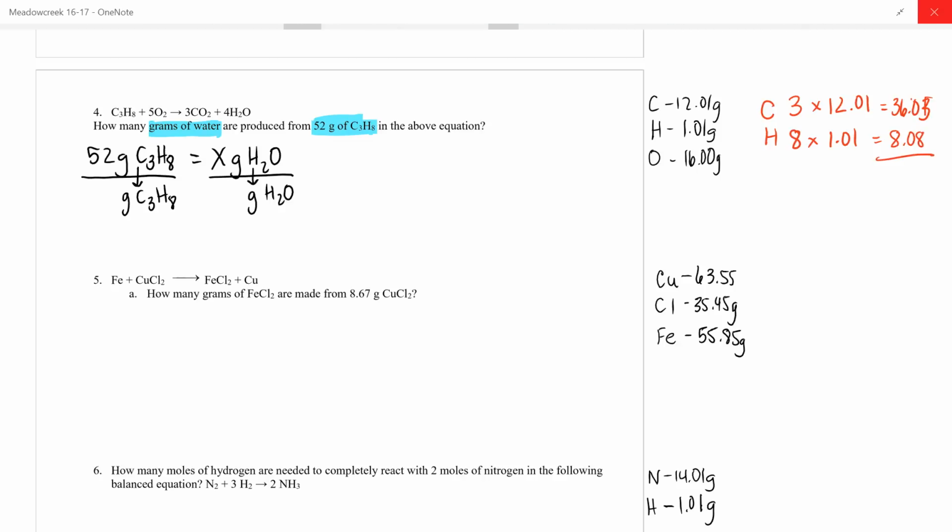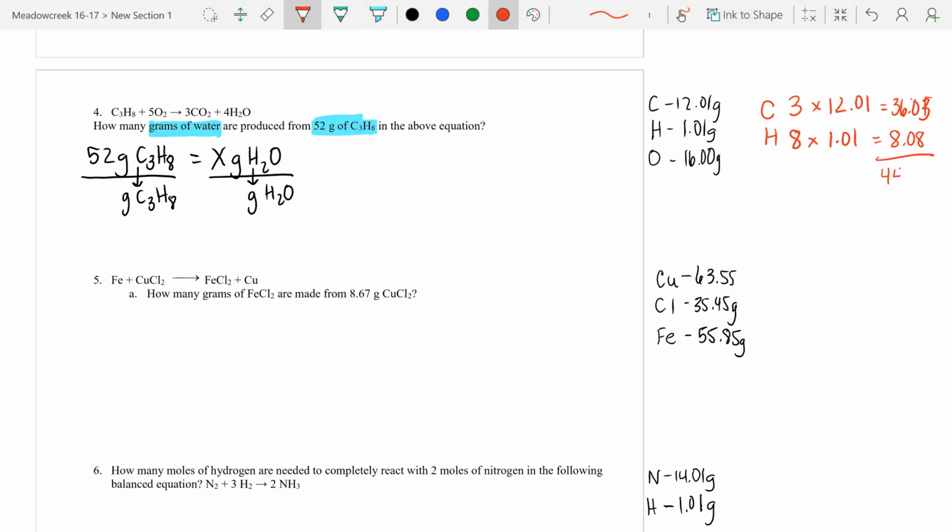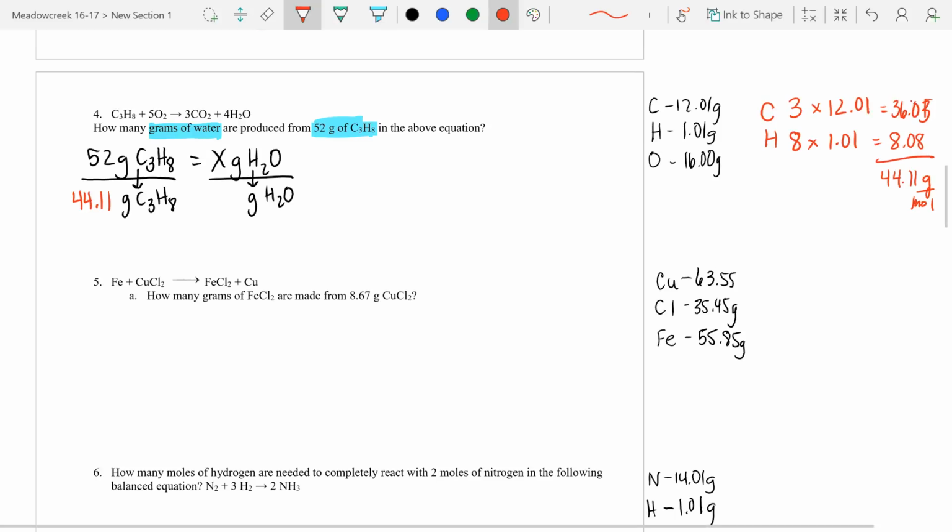When I add them together, I get 44.11 grams per mole. So I'm going to put my 44.11 grams right there.